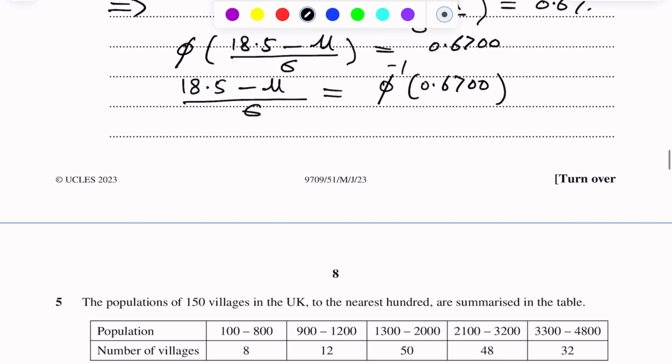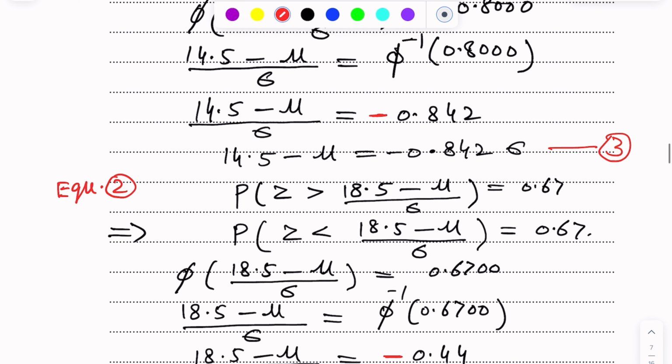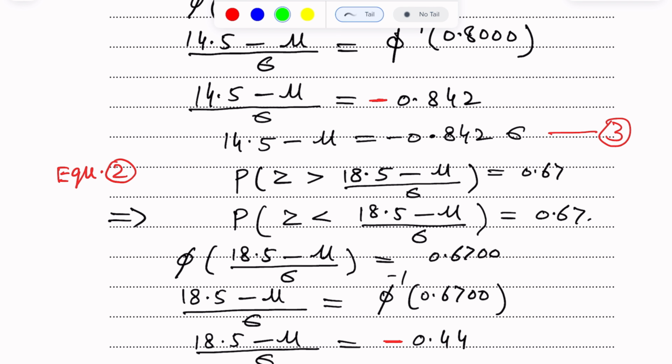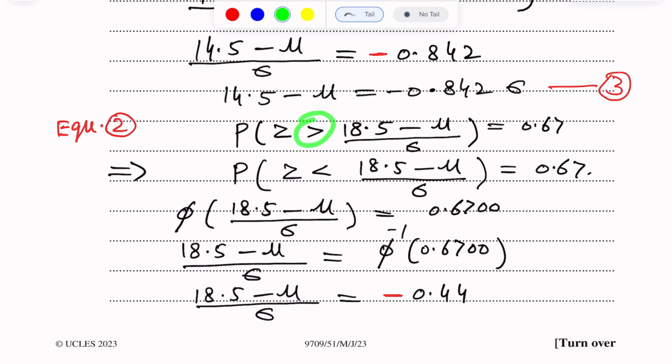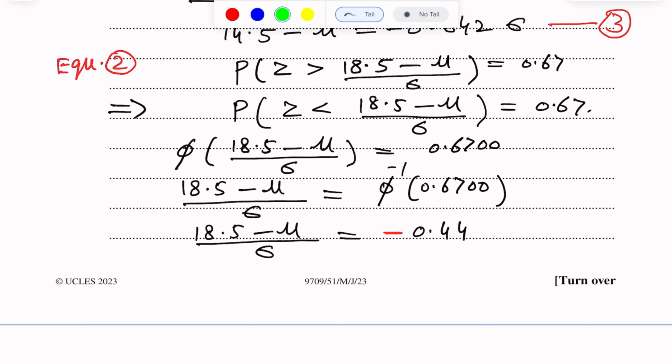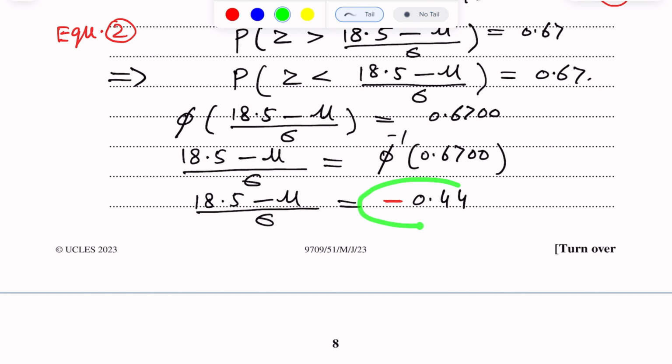We get 18.5 minus mu over sigma on the left, and on the right hand side there is 0.4444, but the sign will be negative, because we converted this greater than sign into less than sign. So actually that value of z lies on the negative side. So minus 0.44.